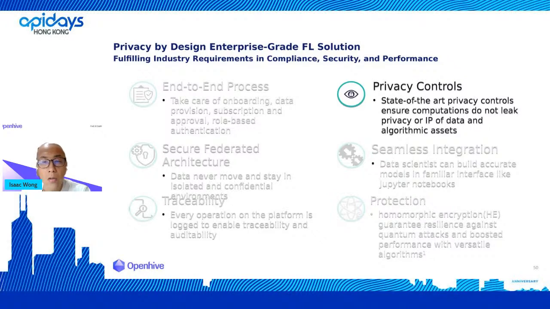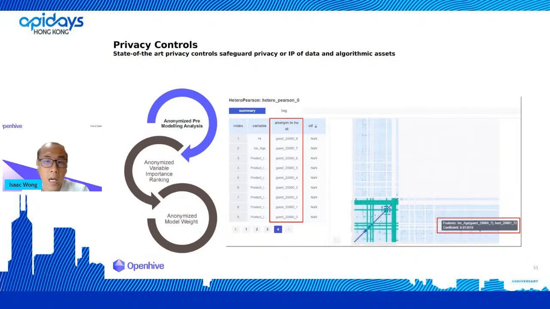And then there is also demand for the protection of the IP of the data, and also the IP of the algorithm assets. So there is careful design within the solution, so that, for example, when analysis is being done, those column characteristics can be analyzed, but the genuine names of those explanatory variables and column names will not be disclosed to the data requester.